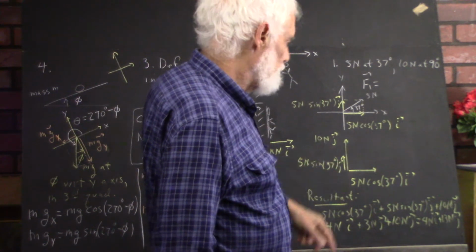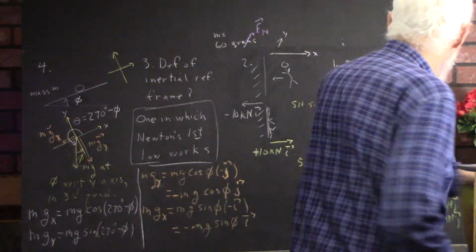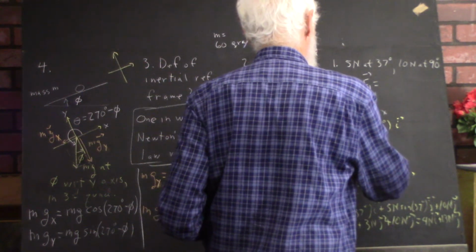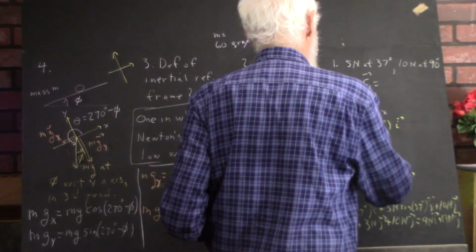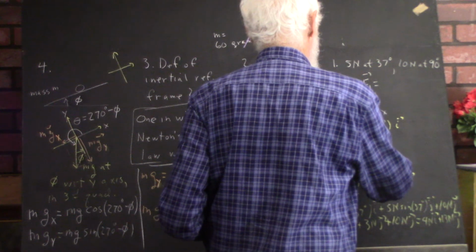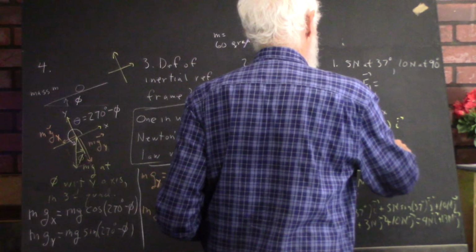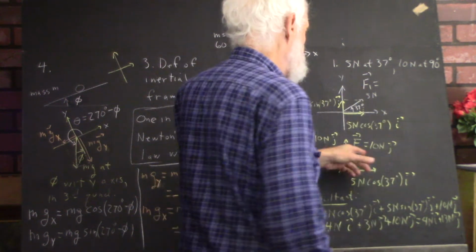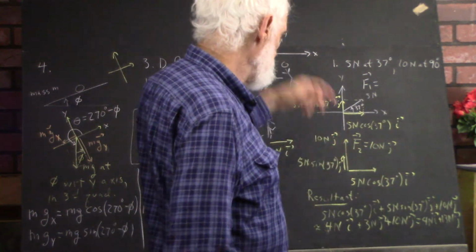The second force that I didn't label, here's F2, 10 newtons times j, which I also labeled here.